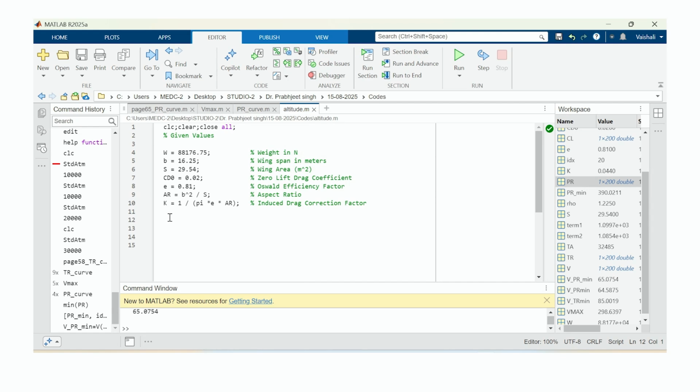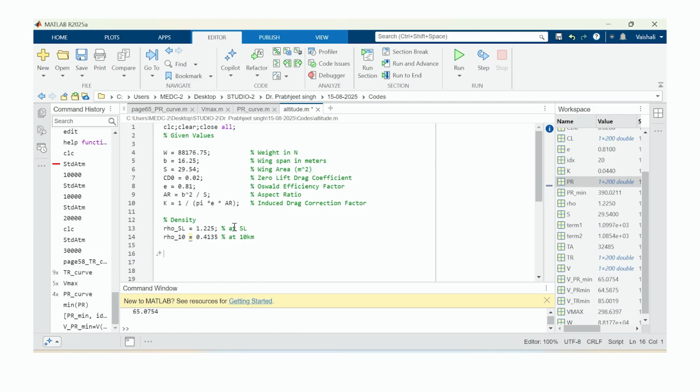I will write separately: rho SL, that is density at sea level, is 1.225. Then rho underscore 10 equals 0.4135, this is at 10 kilometers.